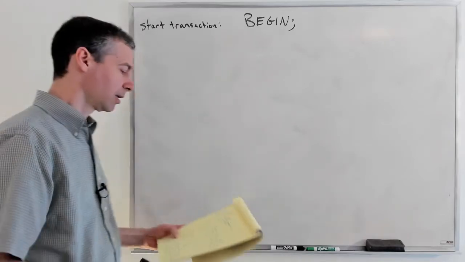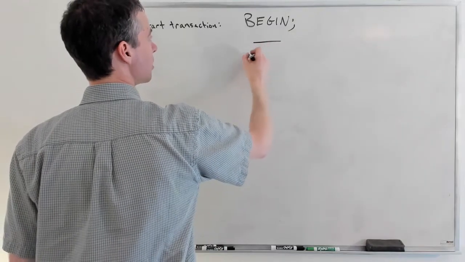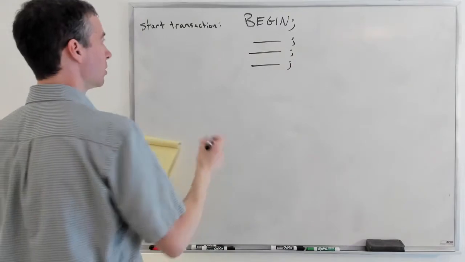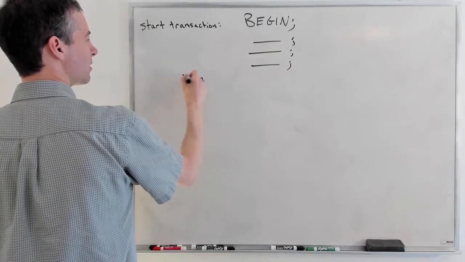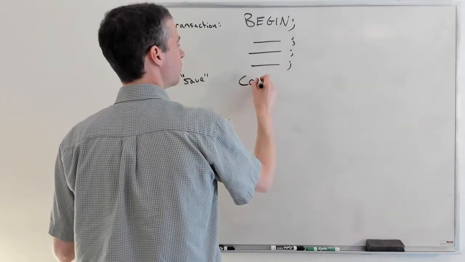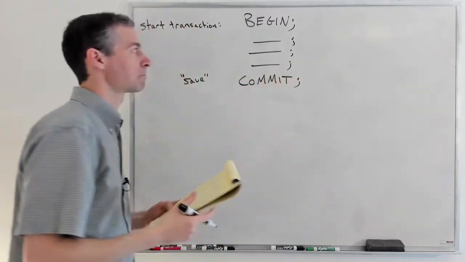Then you can write statement after statement after statement, and eventually, the idea is you want to save all your work in the database. That's when you end with the command commit.